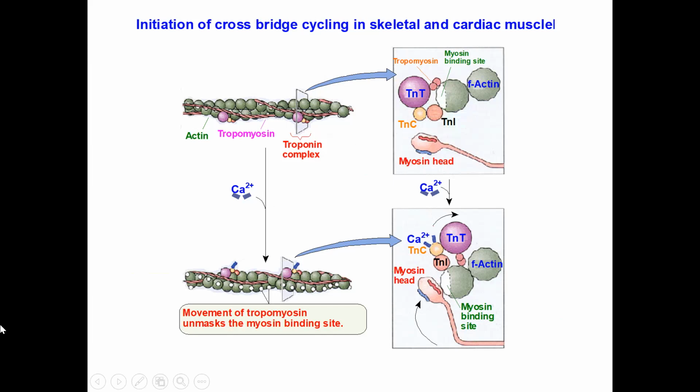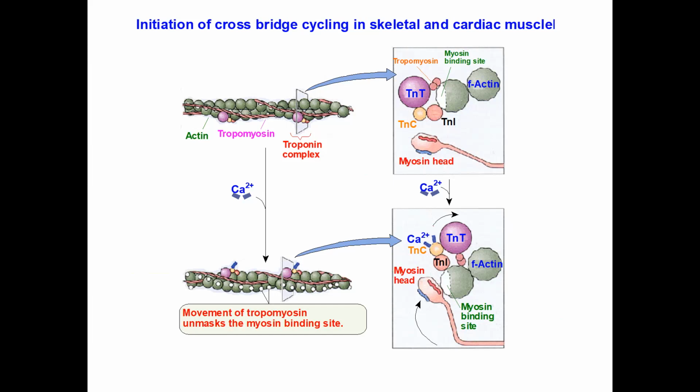Myosin head wants to go and bind there, it cannot. It has no accessibility, it is blocked. And all what needs to be done here is to make this free so that the myosin head can go and bind with it. And how does it happen?